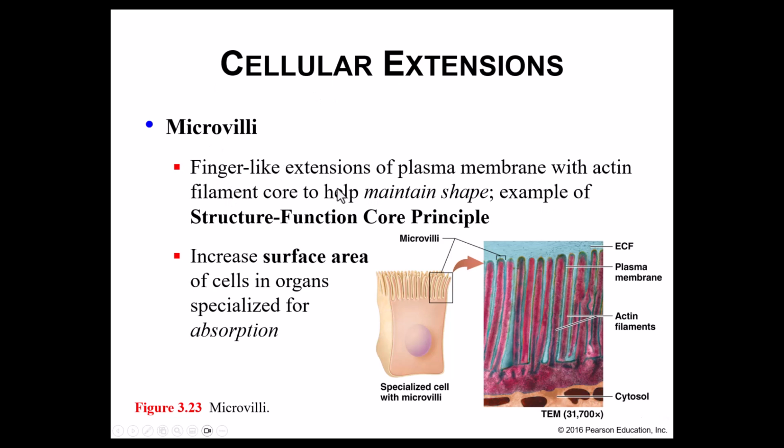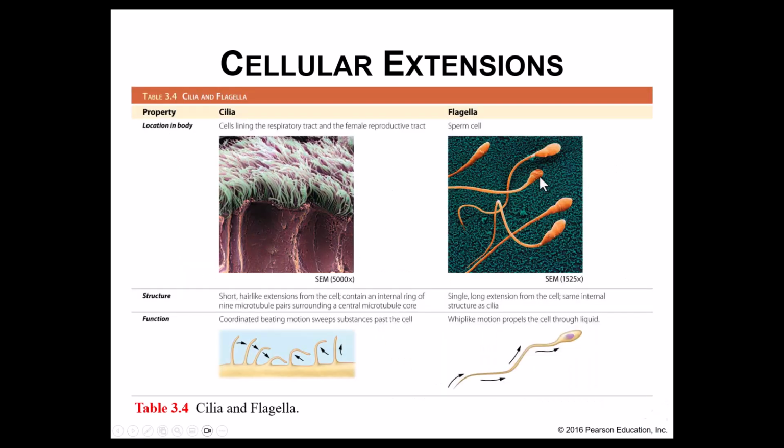The microvilli, these are going to be finger-like extensions of the plasma membrane. These help to increase surface area, so you will find these in the digestive tract where you have lots of absorption. And then the flagella, as I mentioned before, of the tail, formed by that centriole and filled with those microtubules, and our cilia in the respiratory tract and in the reproductive tract, that's where you find cilia in the human body, form these wave-like motions that help to move things along or create a current within that structure.